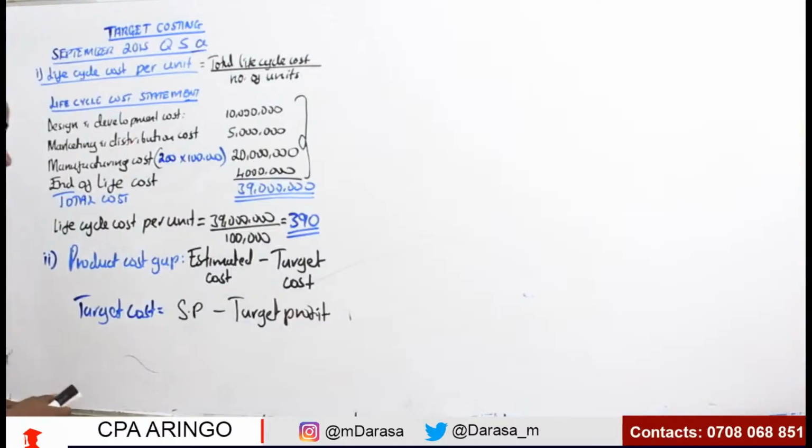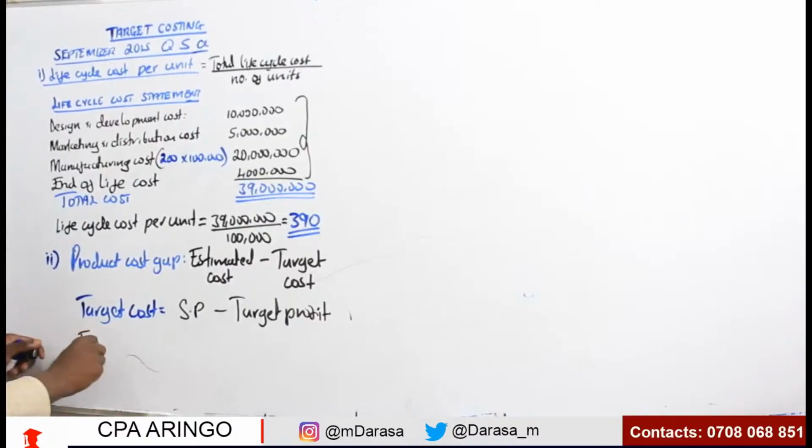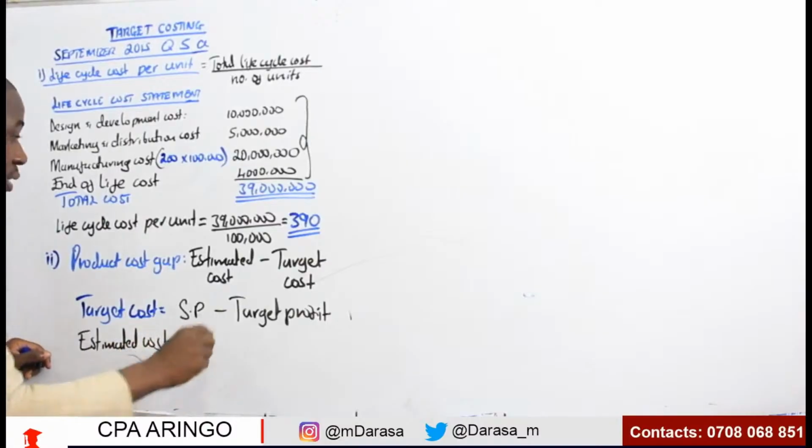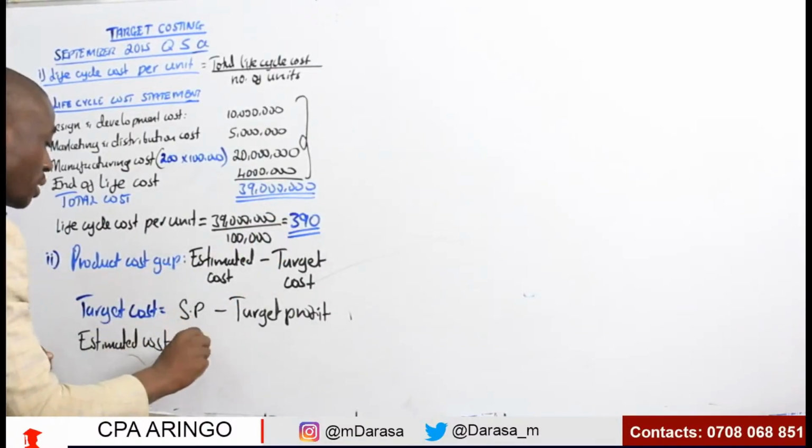Let us start analyzing our variables. Estimated cost: we've determined our estimated cost to be 390.